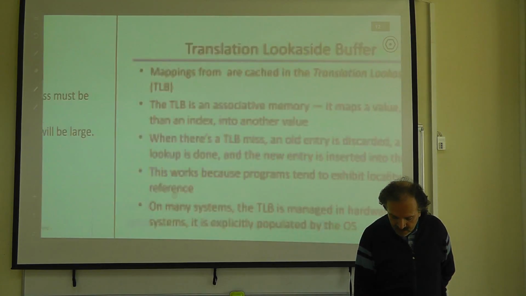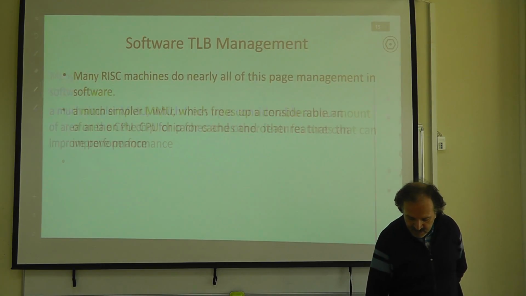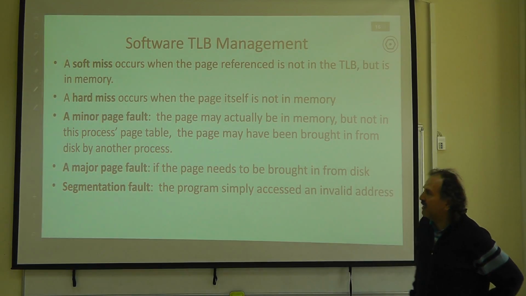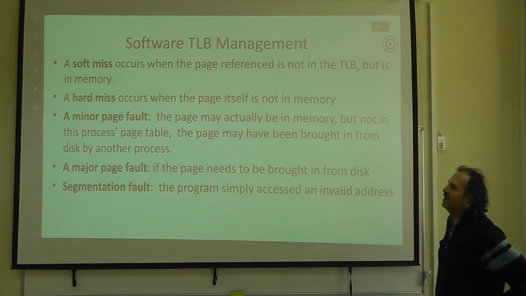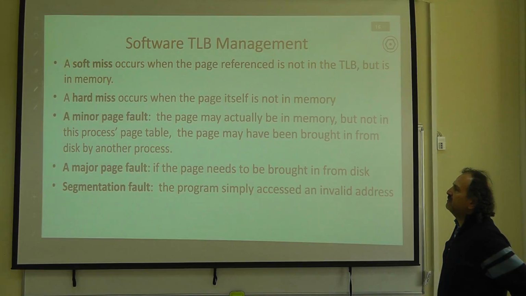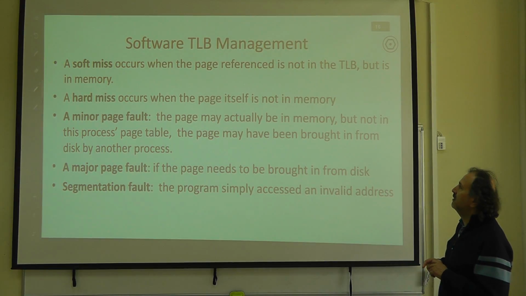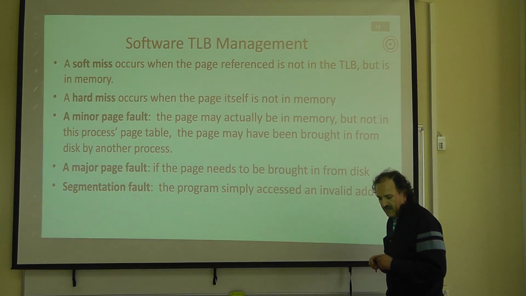Okay. So a page fault traps to the operating system, and there are a few page fault types. The page may actually be in the memory when I do the page fault, but not in the process's page table. The page may have been brought in by another process.